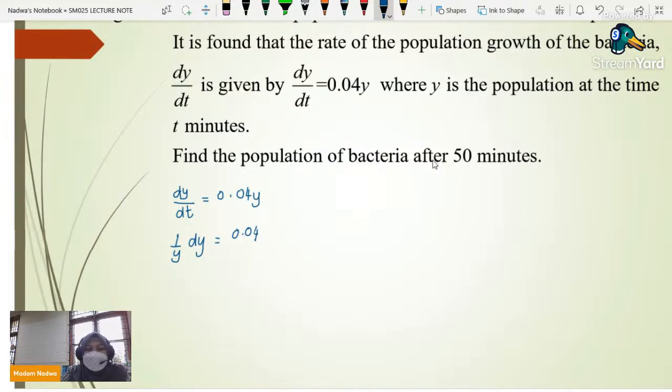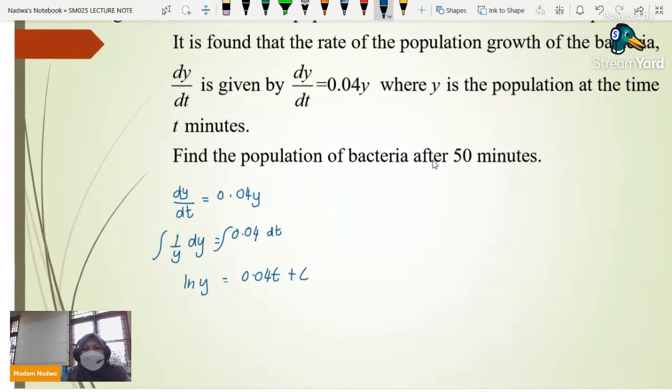So remain dekat situ, y saya bawa pergi sebelah. Okay, dt dekat sini lah. So as you can see, we have separate the variable. So when we separate the variable, we can find the integration for both sides. So here we will get ln y, and here we will get 0.04t plus c, like that.